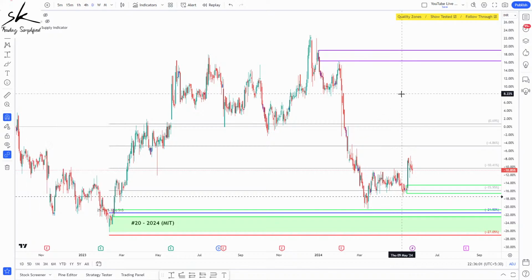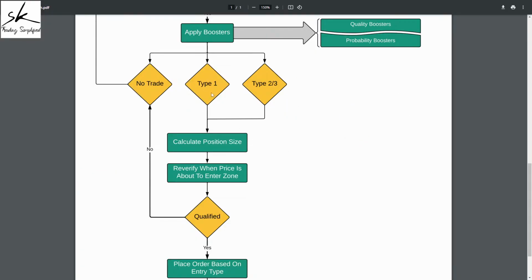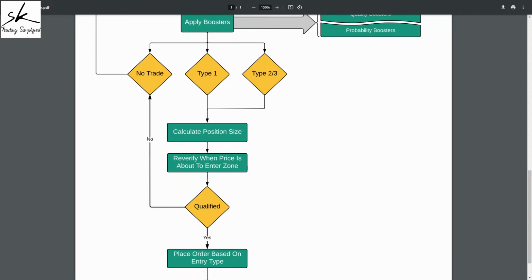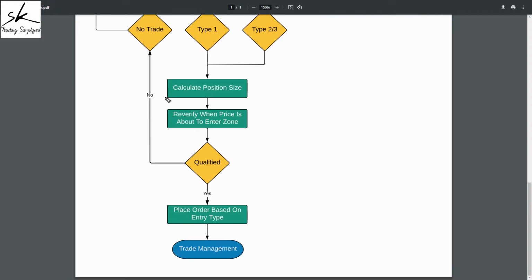So yes, after applying the boosters, we got to know that this can be done as a type 1 trade. Now, no matter how high the quality or how high the probability, any trade can be a stopped out trade. So we need to be ready for the worst case scenario and do a proper position size calculation. Now, whenever the prices are back, we'll have to re-verify, because markets are not static. Markets are dynamic. Conditions are changing almost every other second.